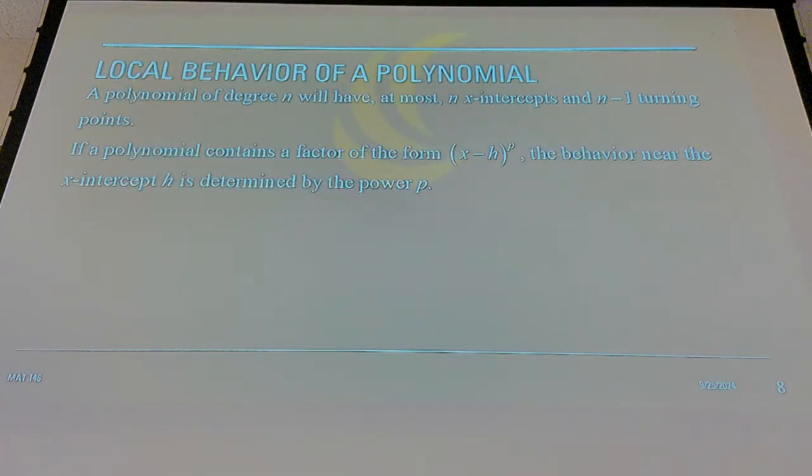If a polynomial contains a factor of the form x minus h to the p, then the behavior near the x-intercept, it should actually be at the x-intercept, but near the x-intercept is determined by the power p. So we all remember what a factor of a polynomial is.